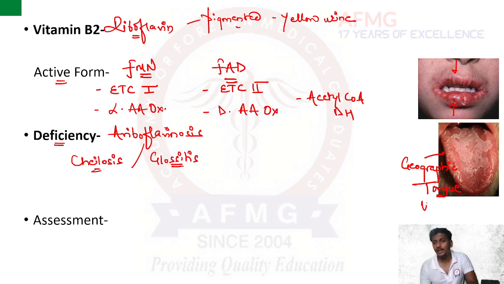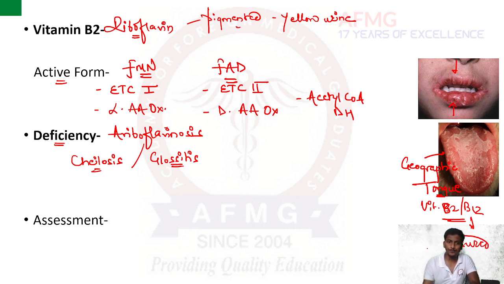It can be seen in vitamin B2 as well as vitamin B12 deficiencies. More commonly it is seen in vitamin B2 or riboflavin deficiency. So if it is not an option, you can mark vitamin B12 as well. Usually in vitamin B12 deficiency there is a fissured tongue which is seen. There would be fissuring of the tongue. Then the next finding is important, that is angular stomatitis.